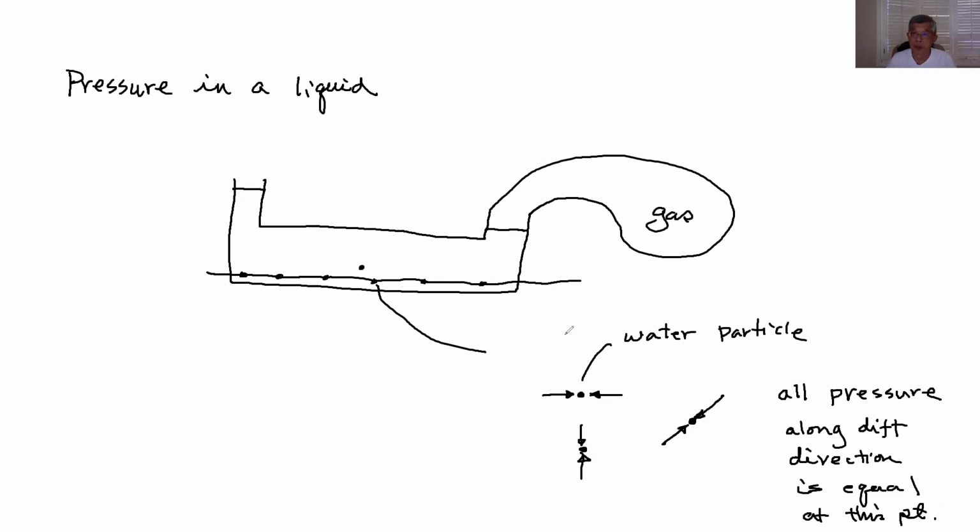Okay, the pressure should be the same, because if not the same, then they will move until they become the same, right? So at this level, the pressure is the same at different points along this line.